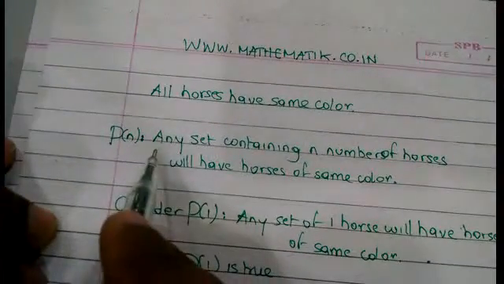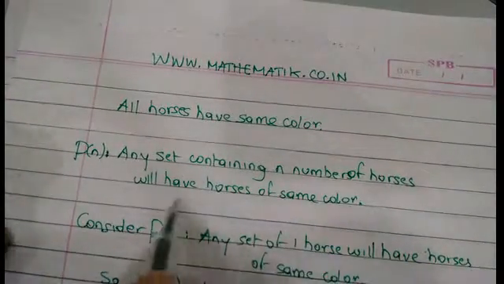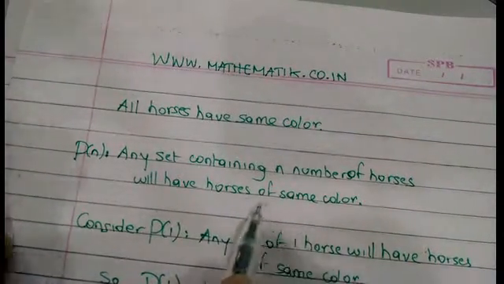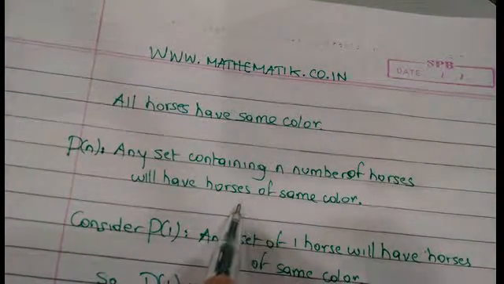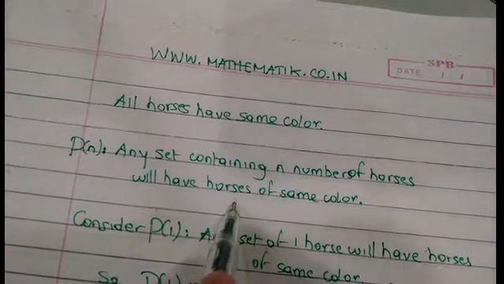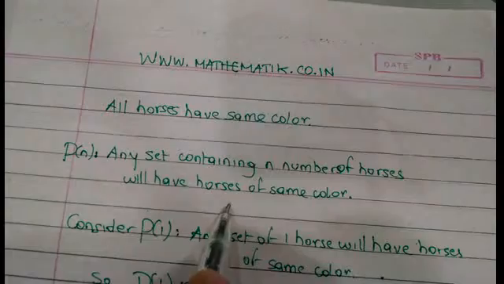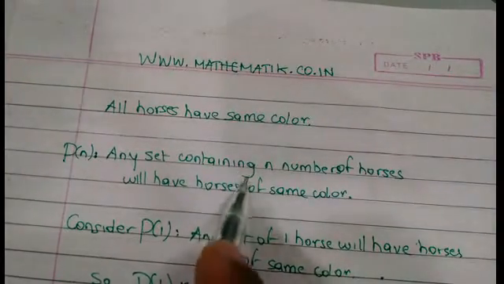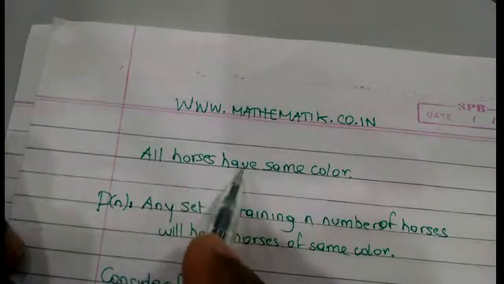By the way, you remember what is P of n? It simply means any set containing n number of horses will have horses of same color, and this literally means any set. So you take a set of 10 horses, it will have all horses of same color. 1,000 horses or million horses, it will surely have horses of same color. Which is exactly like proving that all horses, literally all horses have same color.